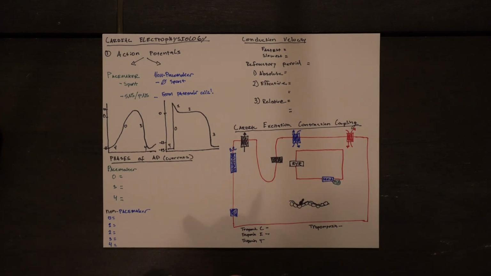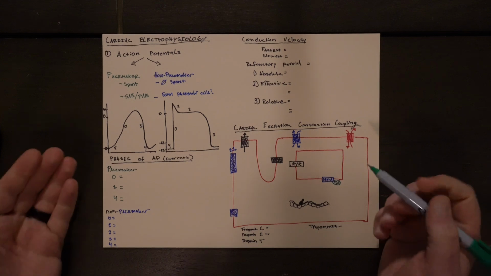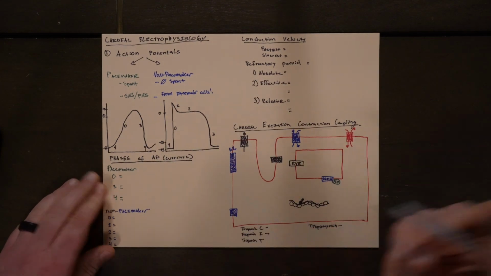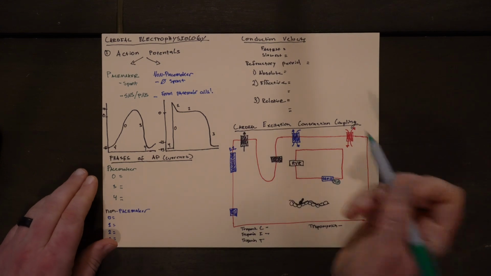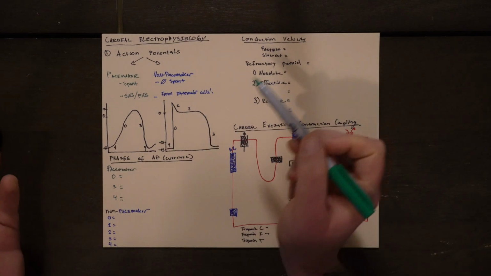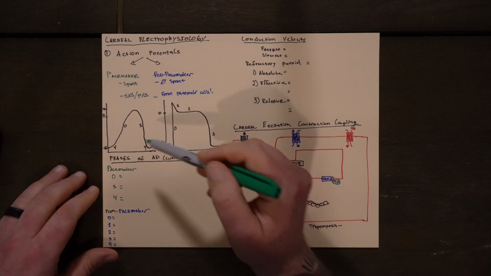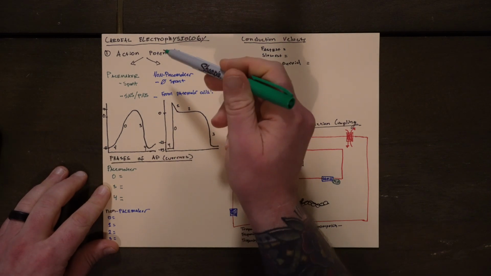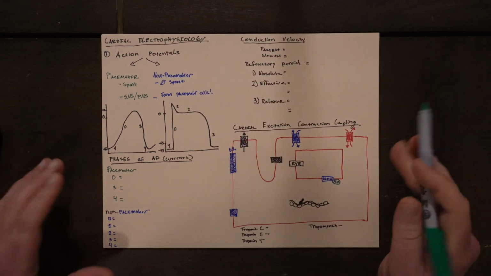Okay, so we'll start with 0, right here. Phase 4 is always going to be our resting potential, and phase 0 is going to be our depolarization phase. As you can see, this is a gently upsloping line. It's not shooting up like a rocket.